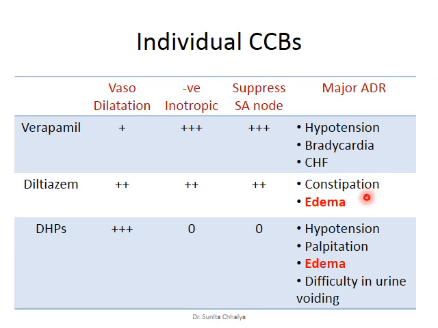It also produces an edematous state. Dihydropyridine derivatives cause hypotensive effect, palpitation, edema, as well as difficulty in urine voiding. So here you can see the common adverse drug reactions: one is hypotension, another one is edema.